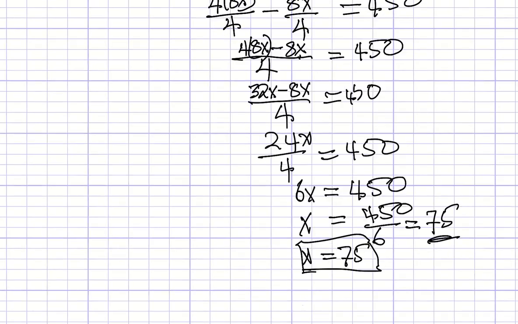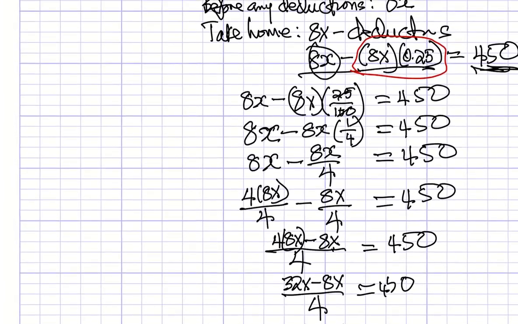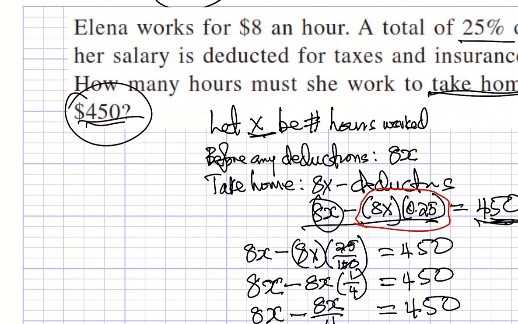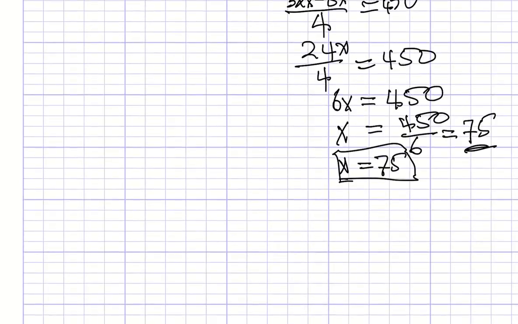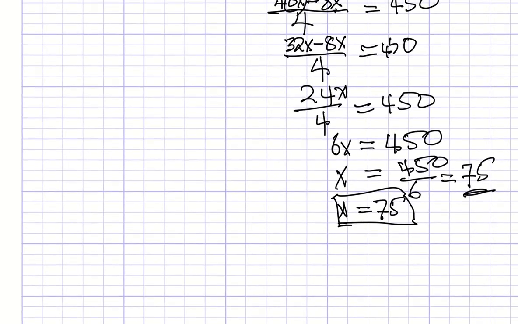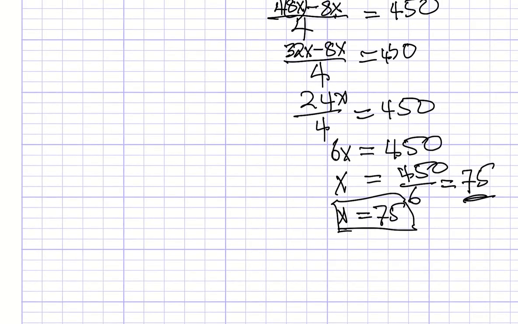X is 75. So what do you do with that? Let x be the hours worked. How many hours must she work to get $450? She must work 75 hours to get that. You see the problem? See how we solved it?